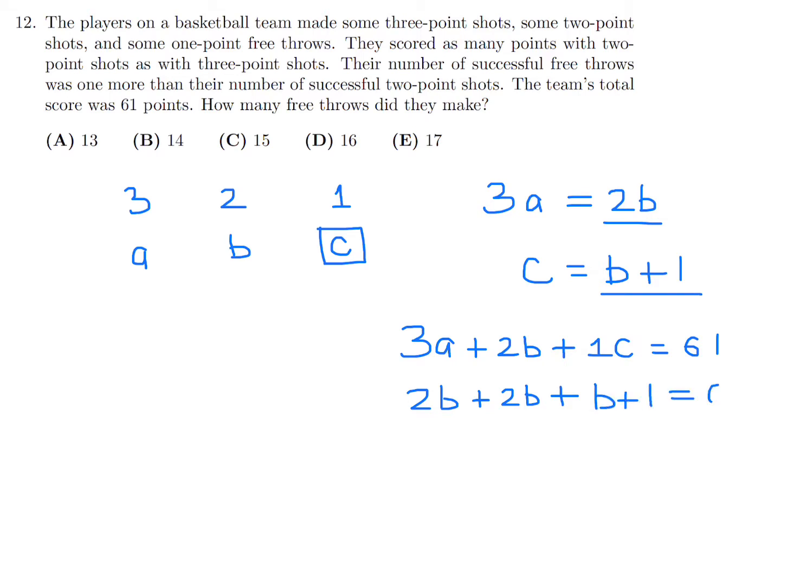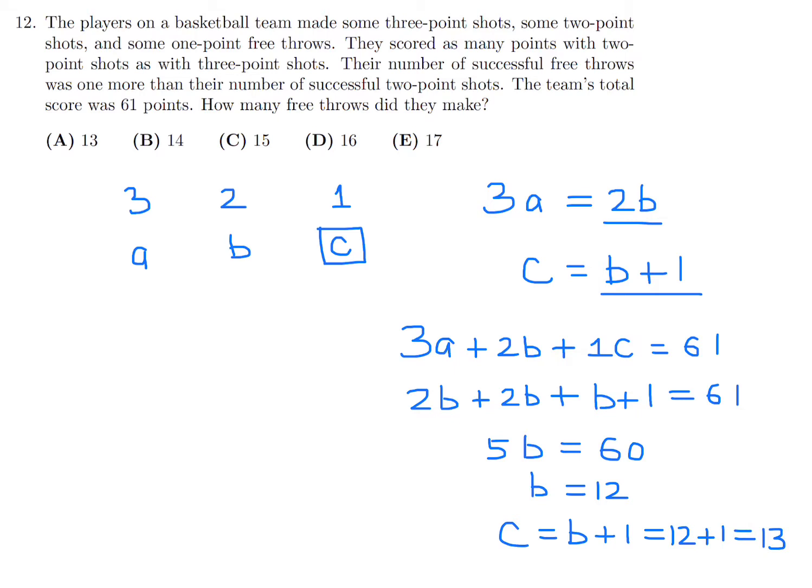And that allows me to solve because I have just one variable now. So this is 5B. Bring the 1 over, and that would be 60. And therefore, B is 12. And then solving for C, C is equal to B plus 1. So that's 12 plus 1, which is 13. So number 12, the answer is A.